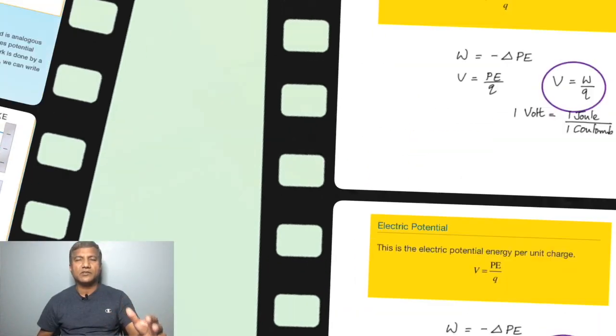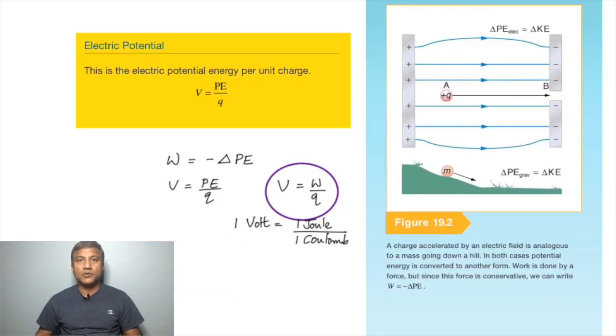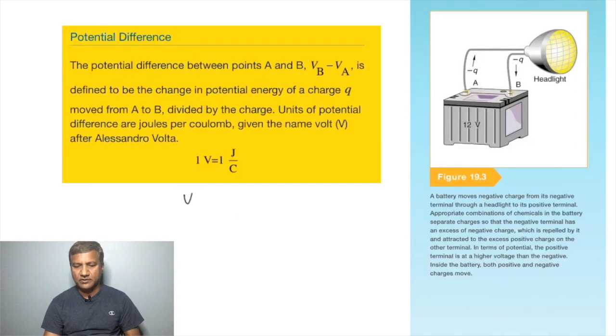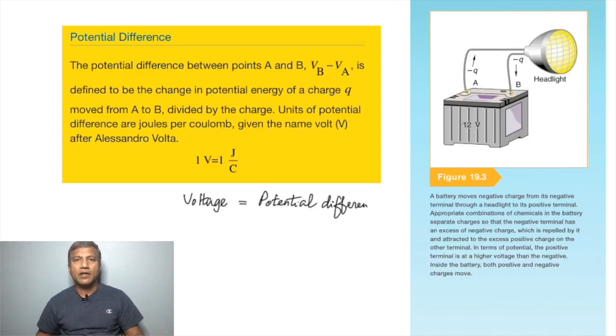This brings us to the idea of potential difference or voltage. Now we have a car battery here, and we see that one of the terminals is negative, the other is positive. The negative terminal is assumed to have a potential or a voltage of 0, while the positive terminal usually has 12 volt.